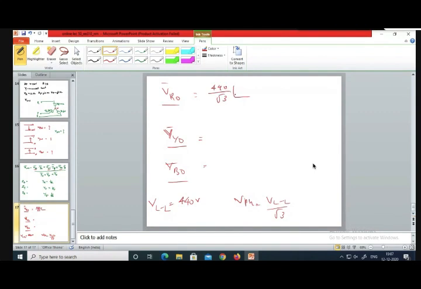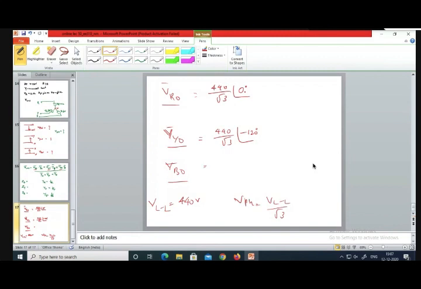I will take R as the reference phasor, so it is angle 0. 440 divided by root 3 is the reference phasor. From the reference, the others are 120 degrees apart. It's a symmetrical system. The supply side is assumed to be symmetrical. I repeat, the supply side is assumed to be symmetrical.